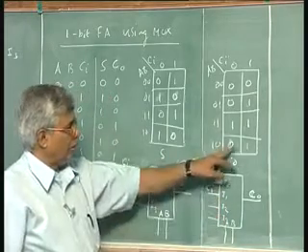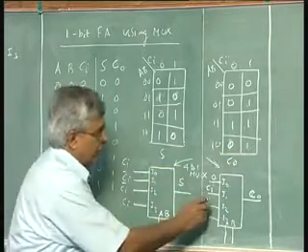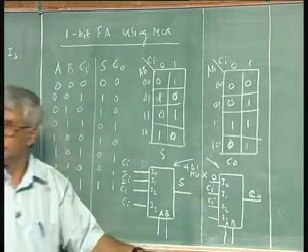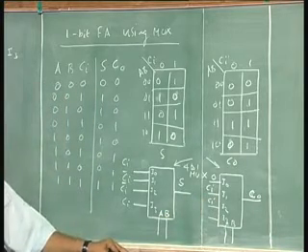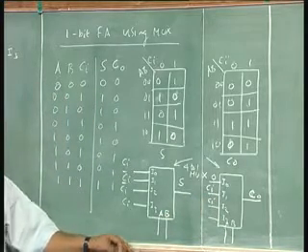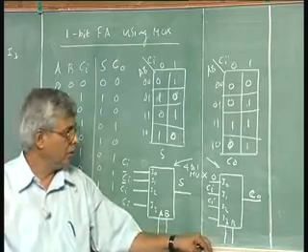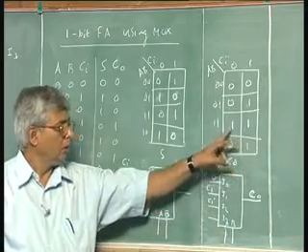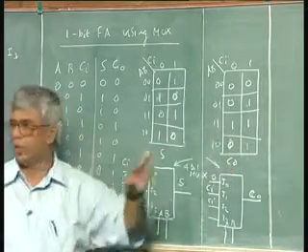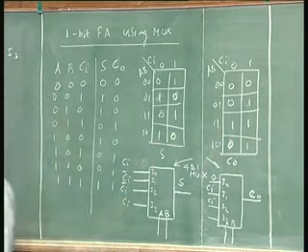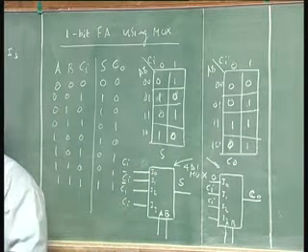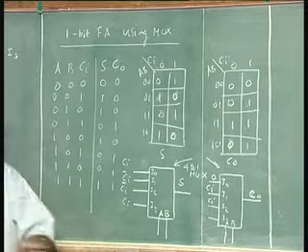If it is 1, 0, again Ci. And if AB is 1, 1, whether Ci is 0 or Ci is 1, we have carry out. So carry out is independent of Ci, it has always to be 1. So I need to connect a 1 here.